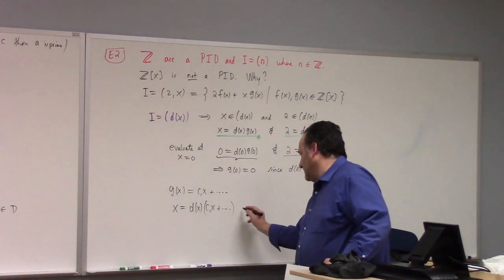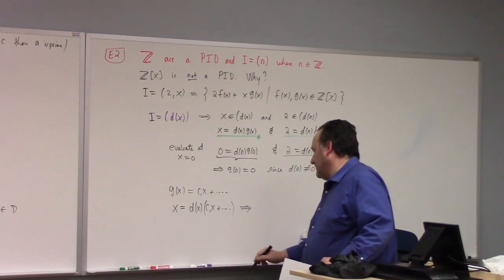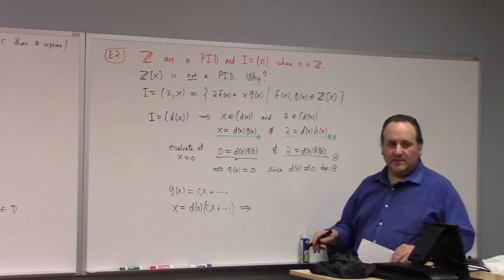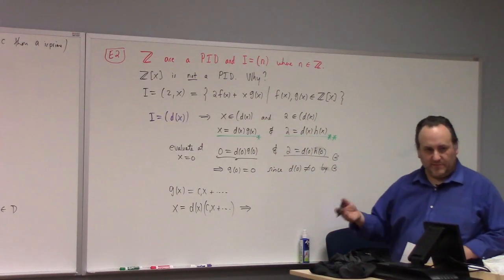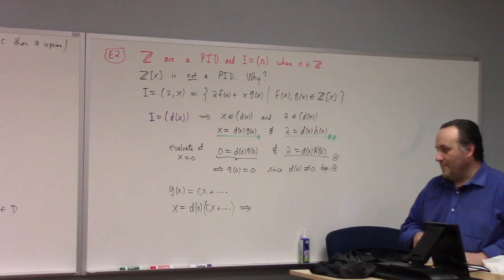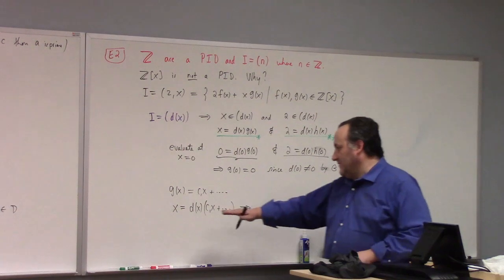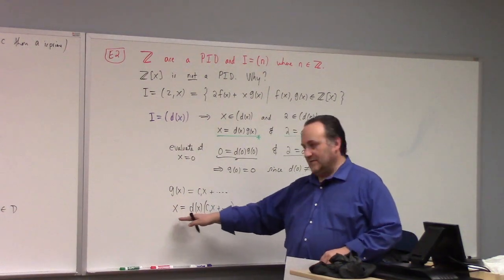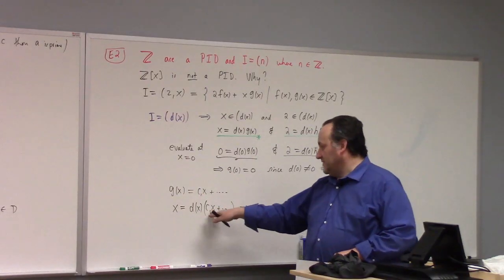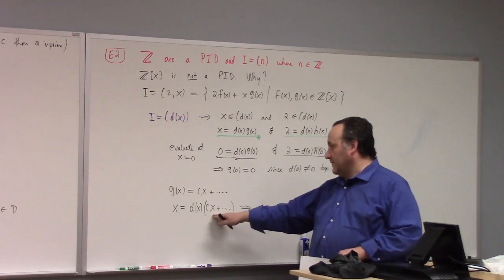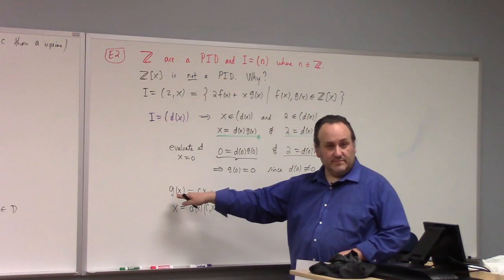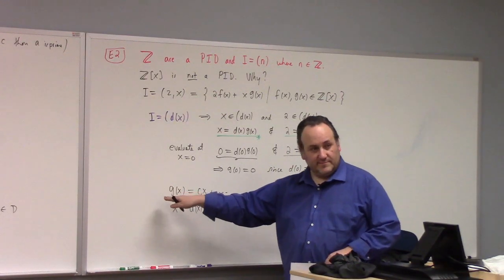What does this imply? If x is equal to some mystery polynomial times c1 x plus dot dot dot, because this is the form of g of x, see, g of 0 is the constant term. It's gone.